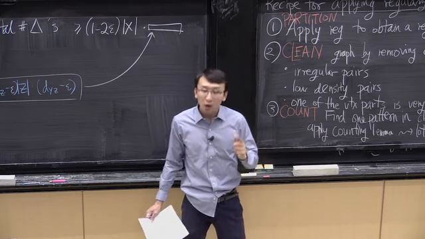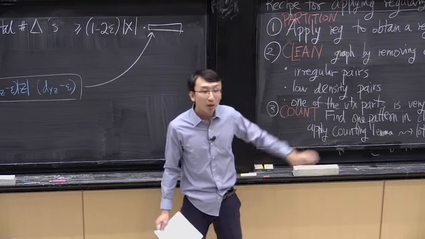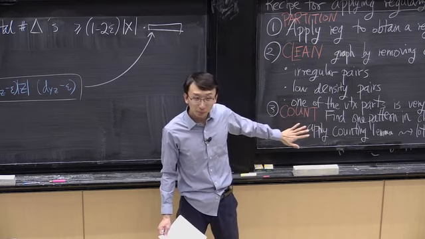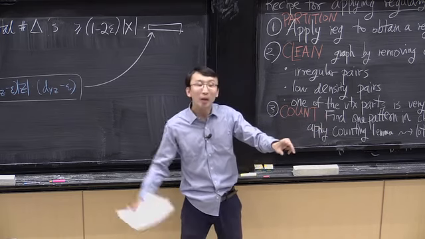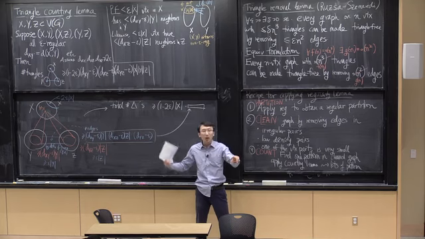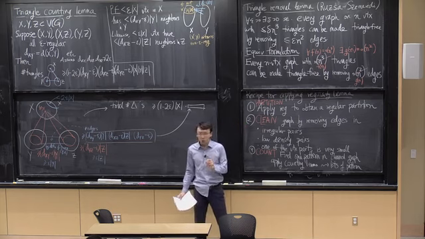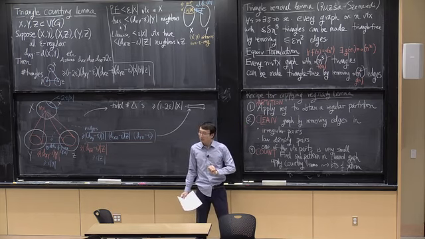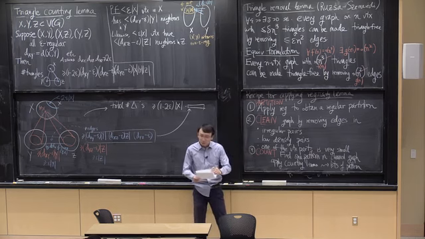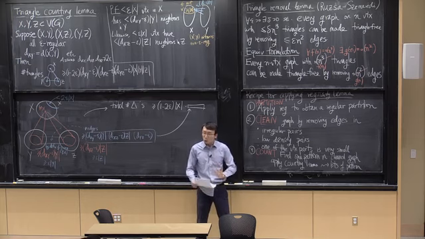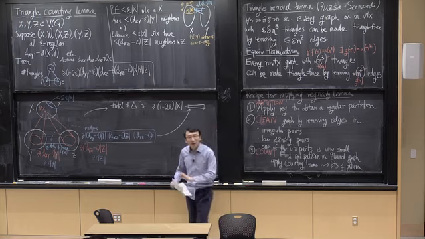Because if it did not result in a triangle-free graph, then there's some triangle. And from that triangle, I can apply the triangle counting lemma to get lots of triangles. And that would have violated the hypothesis of the triangle removal lemma. So that's how the proof is going to go. I want to take a very quick break, and then when we come back, we'll see the details of how to apply the regularity lemma.